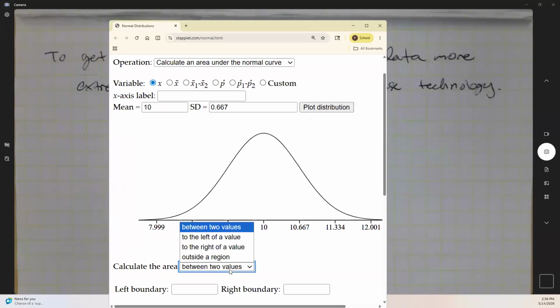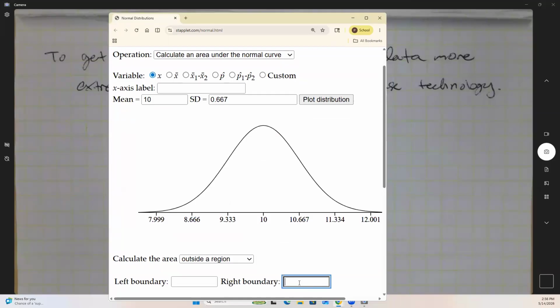But if we want to do a more formal hypothesis test, we're going to actually collect the probability. So we're going to go outside of a region. And our right boundary was 12, because in our hypothesis test, we just thought it wasn't equal to 10. So it could have been more, it could have been less. So I should also put a left boundary on there, which would be 2 steps or 2 units below, right?